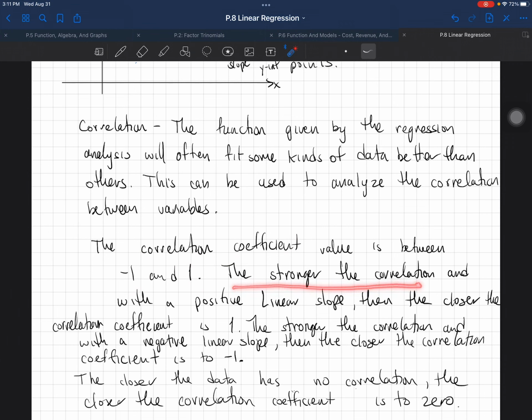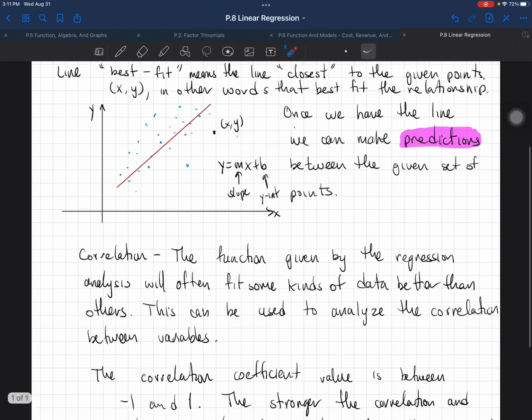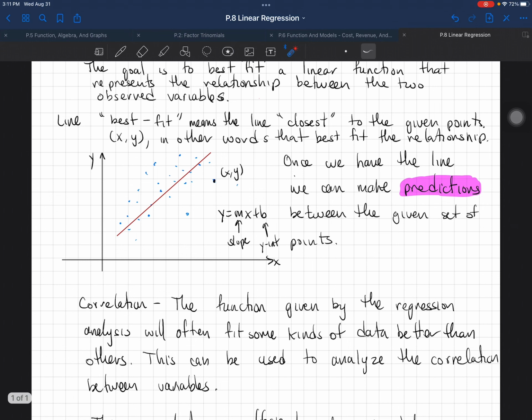The stronger the correlation between x and y with a positive linear slope, the closer the correlation coefficient is to 1. For example, this one has a strong correlation because the points are very close to this line.